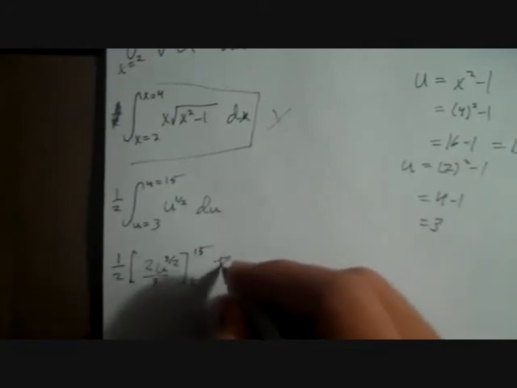And since it's definite integration, we don't have to worry about our constant of integration, right? So let's clean this up. We have 1/2 times 2, so we can get rid of those. So we have u to the 3/2 over 3, taken from 3 to 15.